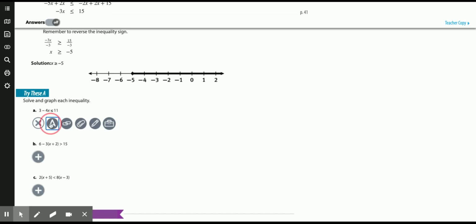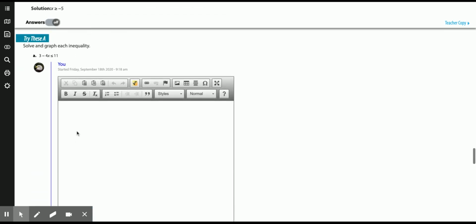We will do this one. So let's solve it first. We want the x by itself, so I will start with what they have. 3 minus 4x is less than or equal to 11. And then I will say, well, I want to get rid of this 3 in front, so we will do minus 3.